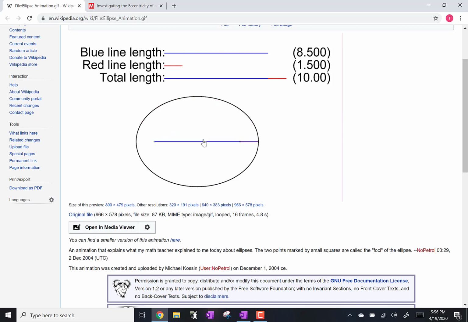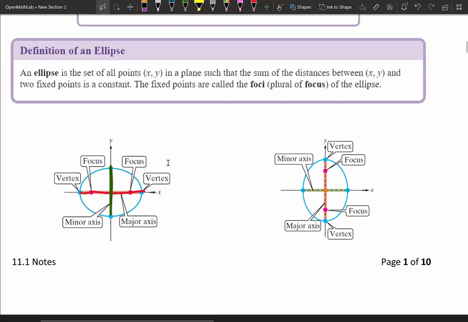So the entire time in this diagram, no matter where the point (x, y) is on the ellipse, the blue line plus the red line is a constant 10, right? So that stays at a constant value for that specific ellipse. That was part of the main definition of an ellipse, right? That's what this means: the sum of the distances between (x, y) and two fixed points is a constant.